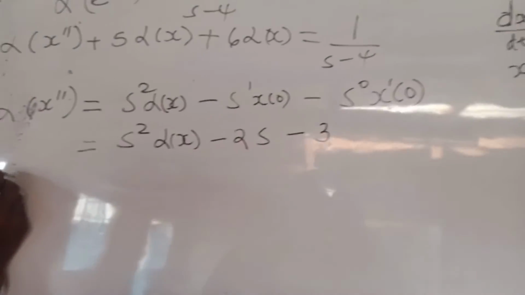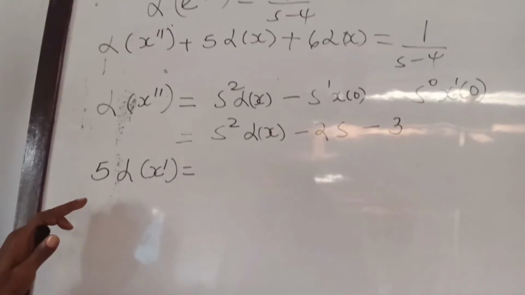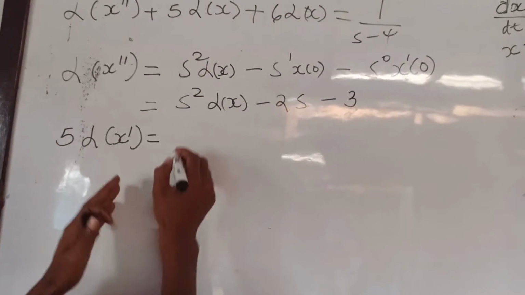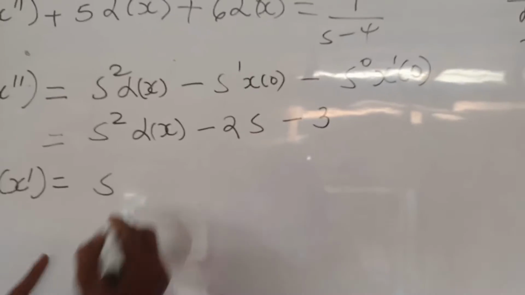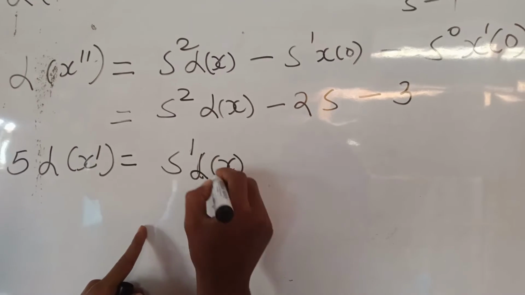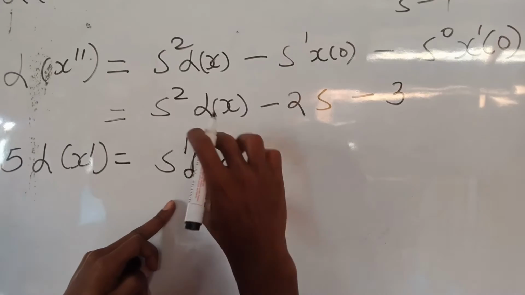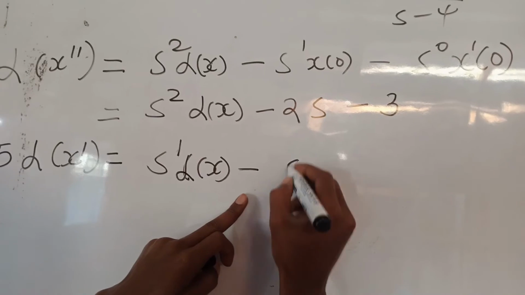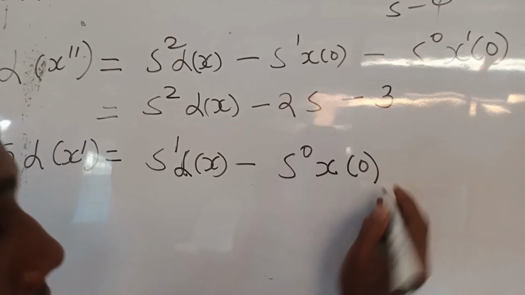So that we are done with that part. We come now to 5 L of x prime is equals to, we dissolve this part just as we have done to this. So this one will be s, because it's only a single x here. So it will be s power 1 into Lx. Remember that we are looking for the Laplace transform of the value x. So s power 1 Lx minus s power 0 into x.